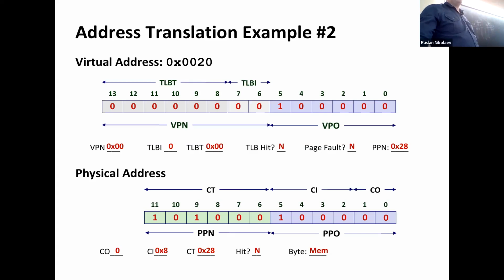Once we retrieve the physical page number, we try to access that memory, and again we will try to access the cache first. So then what will happen? Let's say we also have a cache miss. At that point, it will go and retrieve the corresponding byte from memory. So the cache doesn't have it, it has to go to memory and read it.